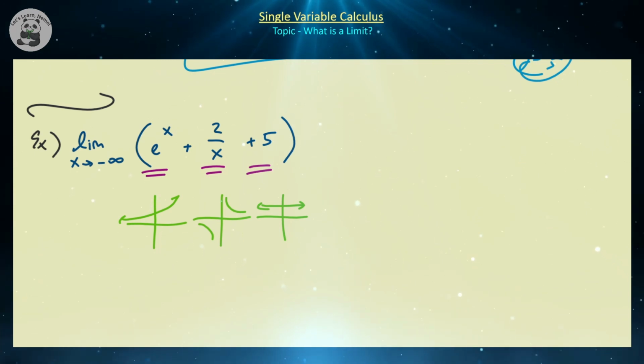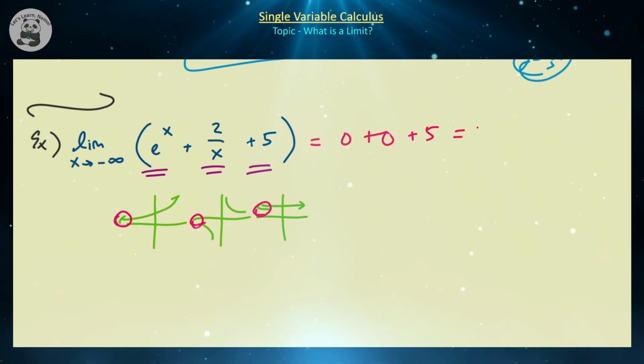So as x goes to minus infinity, we know that e to the x has a horizontal asymptote of 0. As x goes to minus infinity, 2 over x goes to 0 as well. And 5 always stays 5 at negative infinity in particular. So this is going to be equal to 0 plus 0 plus 5, which is equal to 5.